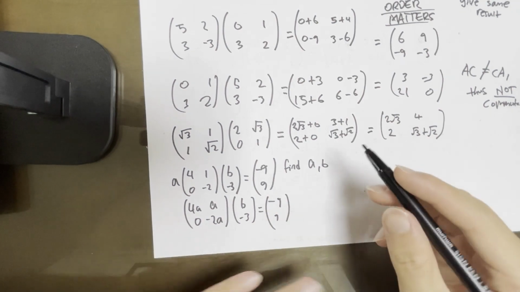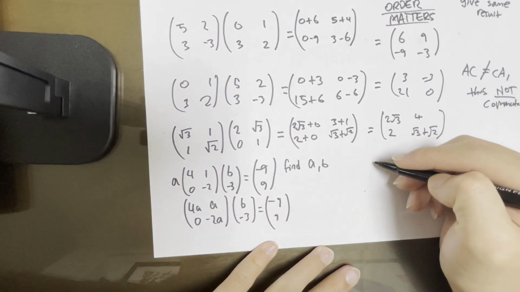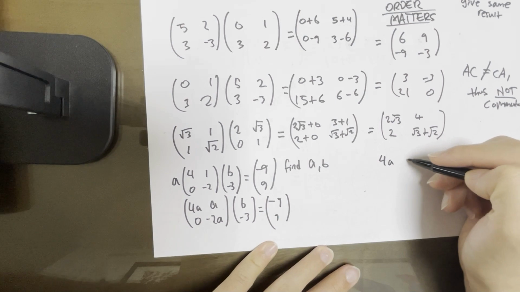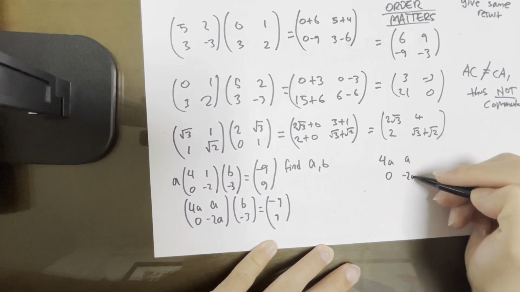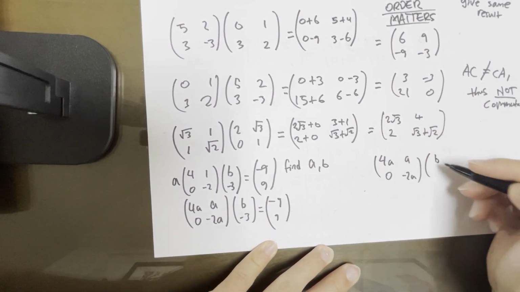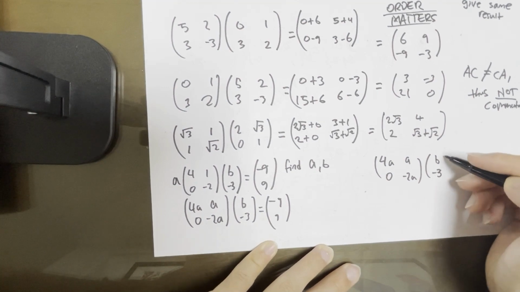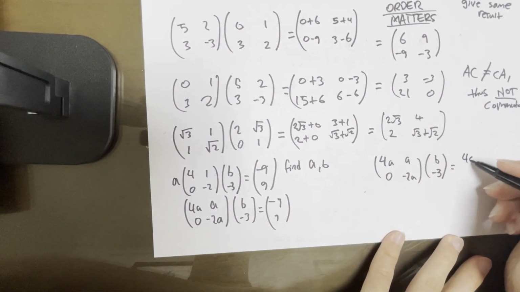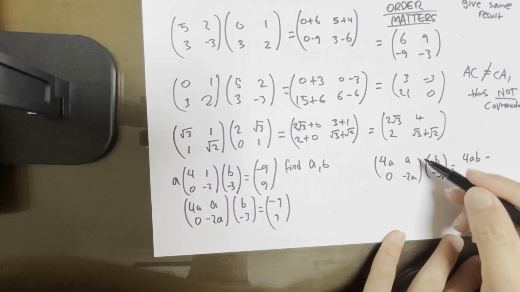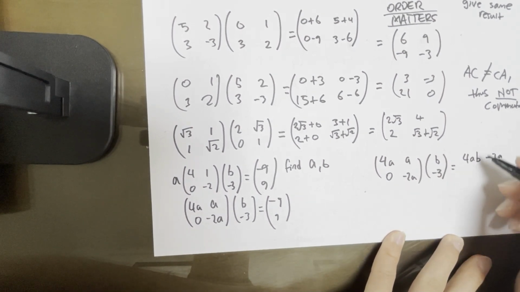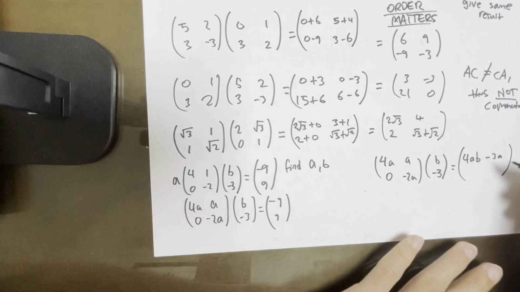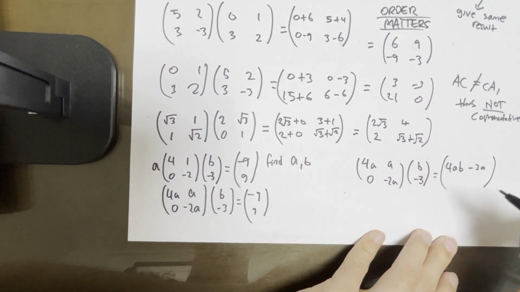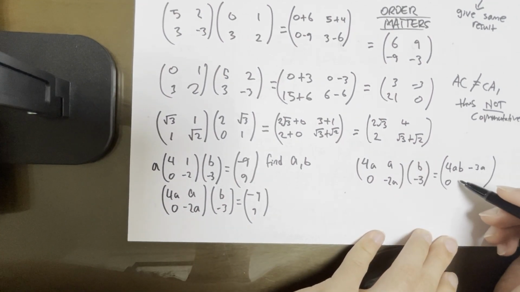So if we do that, we're going to do 4a, 0, minus 2a multiplied by b over minus 3. So 4a times b, 4ab, minus 3a. And 0 times b gives us 0, plus 6a, and a minus makes a positive, right?